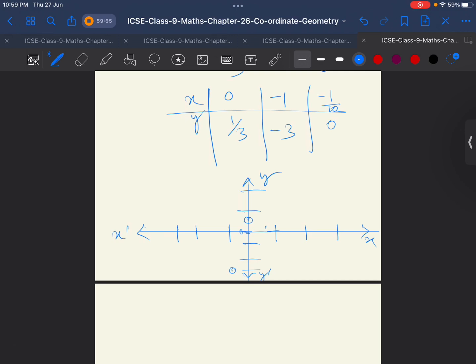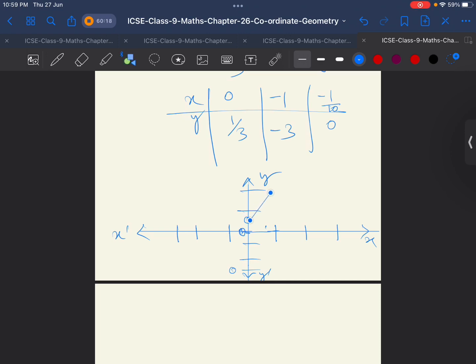Okay, and also minus 1, minus 1 here, and 1, 2, 3, minus 3 point is here, and minus 1 by 10, 0 point will be here.